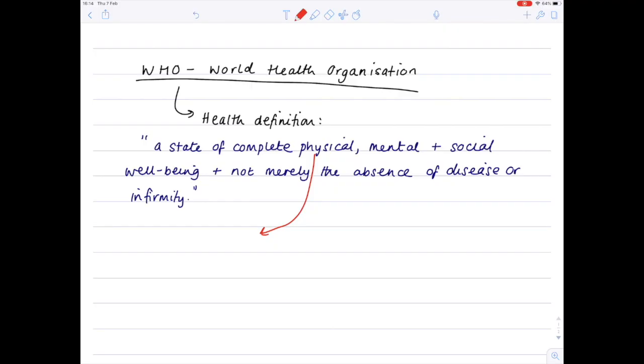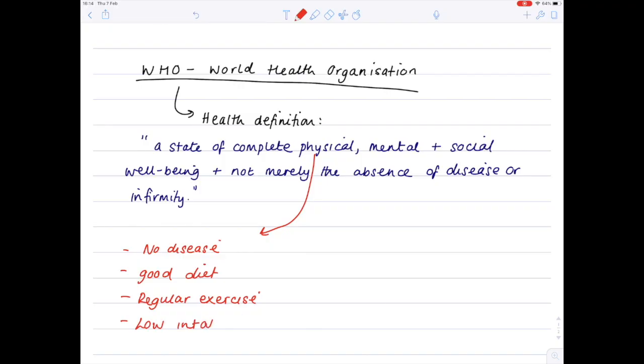Let's look at what physical well-being really means, and it means that no disease, so an absence of disease. It means good diet, regular exercise, and a low intake of harmful substances.